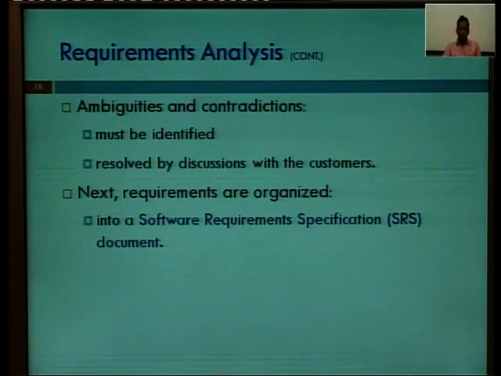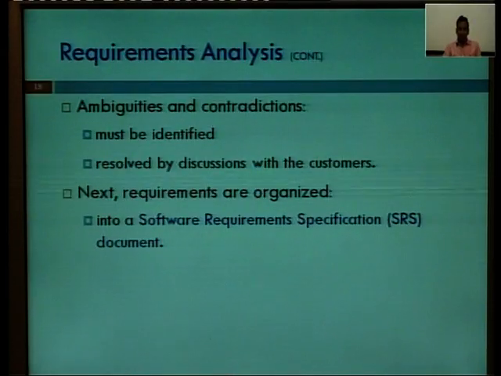The ambiguities and contradictions are required to be first identified and resolved by discussing them with the customer from whom the data is collected. Next, the requirements are organized into a document known as the software requirement specification document, or in short the SRS document.